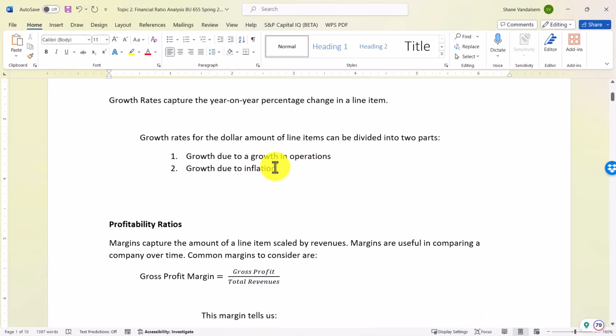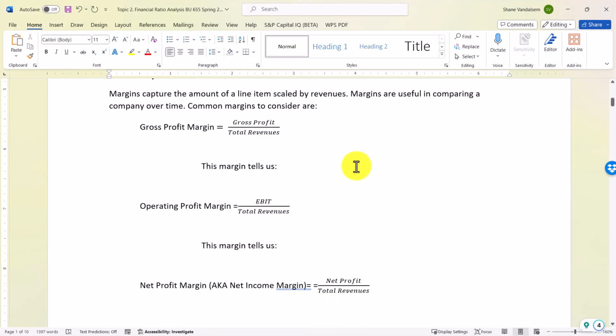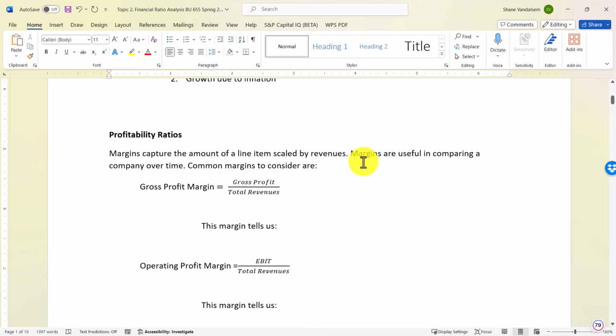So now we're going to talk about some of the different ratios that we look at when we analyze a company. The first is profitability ratios. In general, what the profitability ratios tell us is oftentimes not what people think they tell us. What profitability ratios really tell us is how well managers control expenses relative to the revenues being generated.